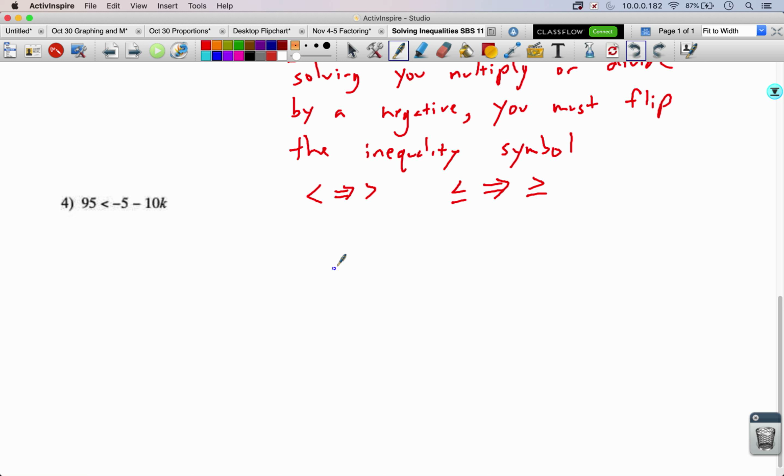Now let's go over all the symbols. I want you to write down how to actually say them. So a symbol that looks like this, we call that a less than. A symbol that looks like this, we call a greater than. A symbol like this is a less than or equal to.